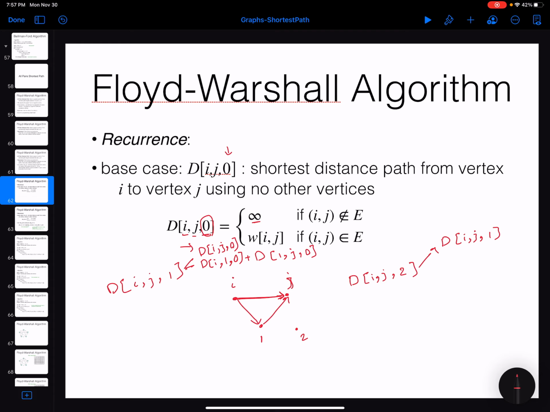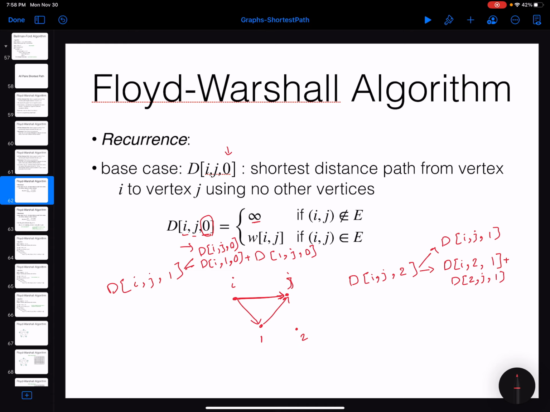In that case, it will be D of I to the node 2 using the node 1, plus D of going from the node 2 to J, again using the node 1.